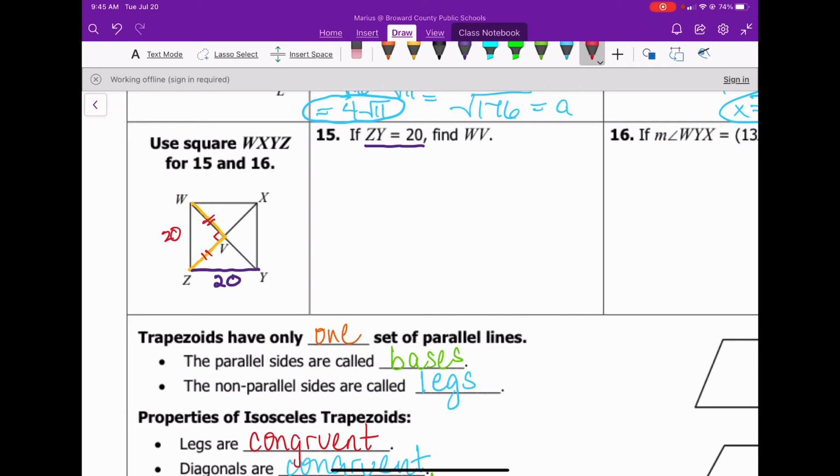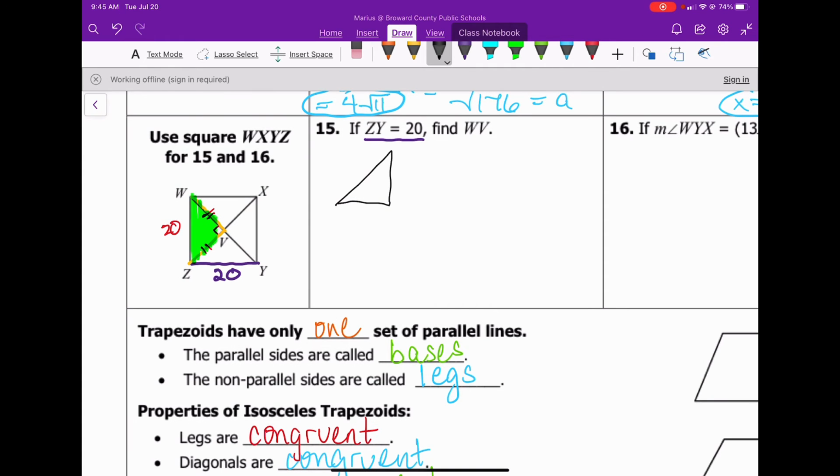So we have a smaller right triangle that we're going to be looking at for this one. When I draw that, this is going to be 20, and that's Z, this is W, and this is V. Here's our right angle.